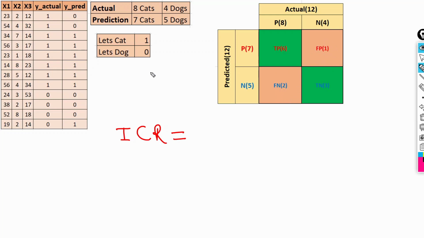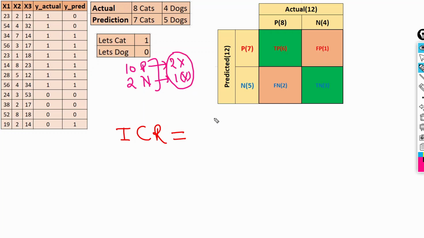If our model has 10 positive and 2 negative cases, how many positive and how many negative cases are incorrectly classified? Let's say out of 10, 2 are incorrectly classified and out of 2, 1 is incorrectly classified. So 3 cases are incorrectly classified.